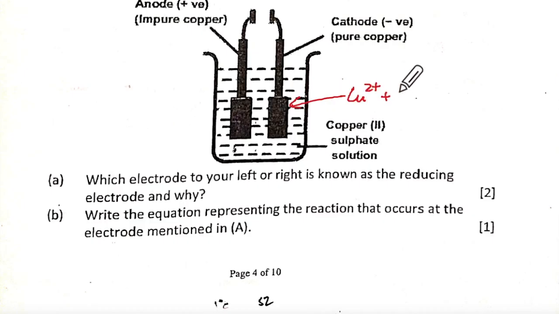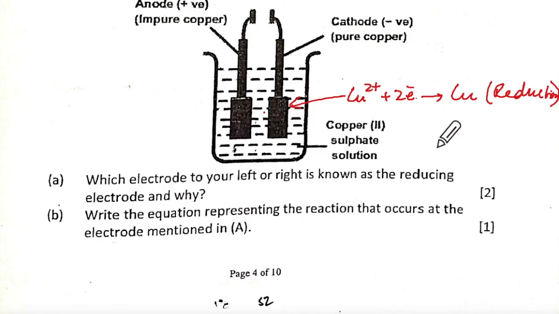Cu2+ plus 2 electrons gives you Cu. So we have reduction happening because of gain of electrons. Reduction happens at the reducing electrode. Somebody said anode, but we are getting cathode as the reducing electrode. Who said it was anode?